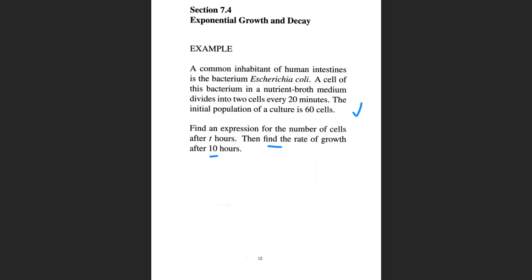The number of cells, we're going to call that y. What we need is a differential equation that models this exponential growth. The differential equation is dy/dt equals k times y.